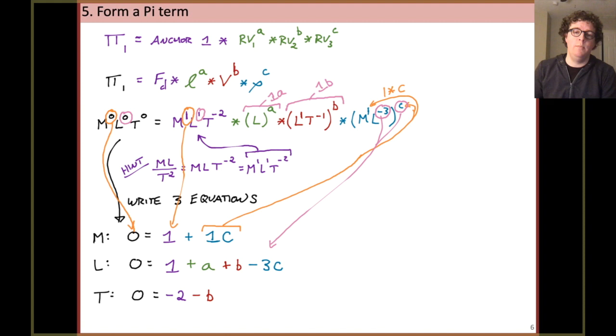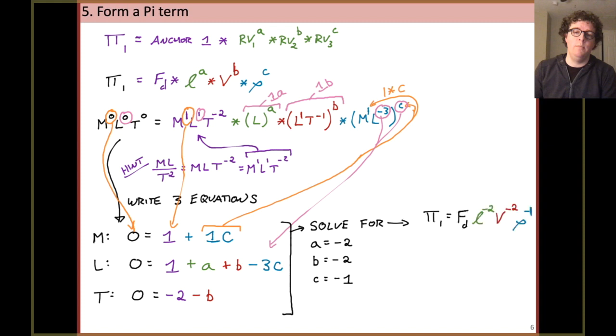So now you've got a solvable problem: 3 equations and 3 unknowns. You can do the algebra, and what you find are values for a, b, and c of -2, -2, and -1 respectively. What does that mean?